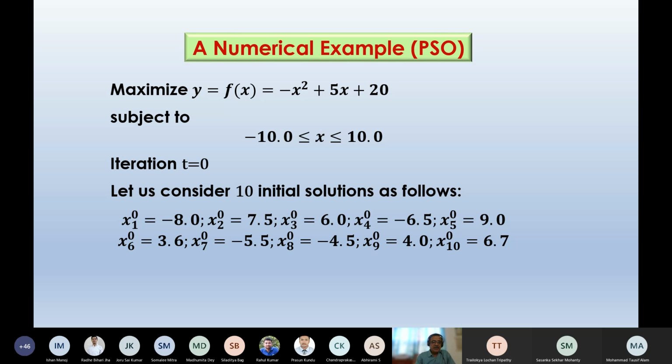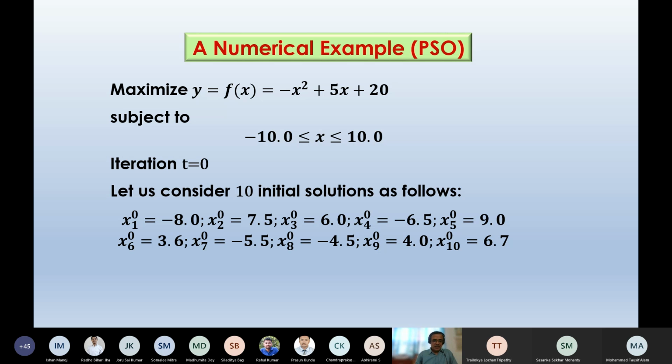Iteration t equals 0. Let us consider 10 initial solutions selected at random, lying within the range of minus 10 to plus 10.